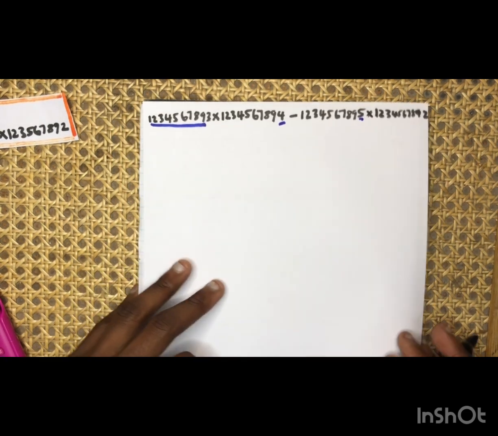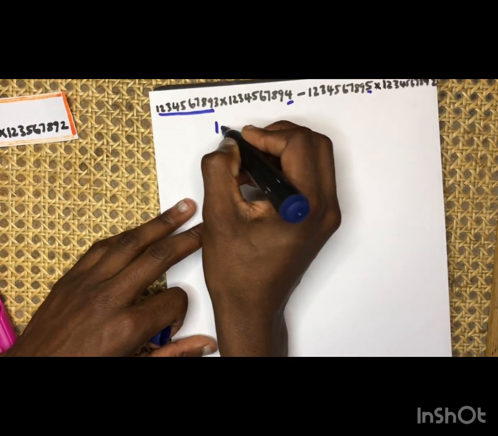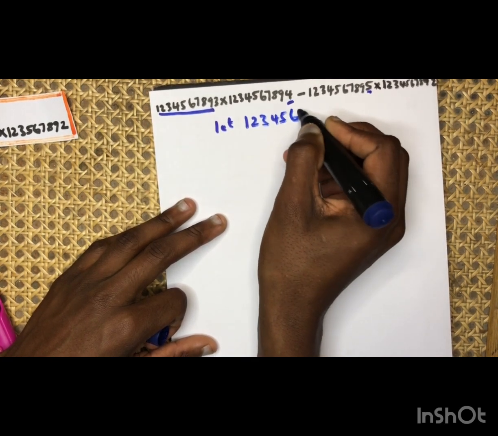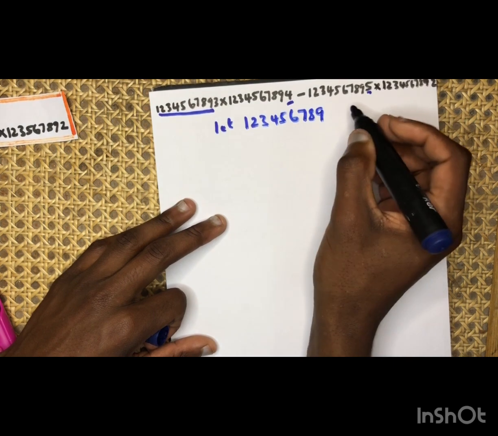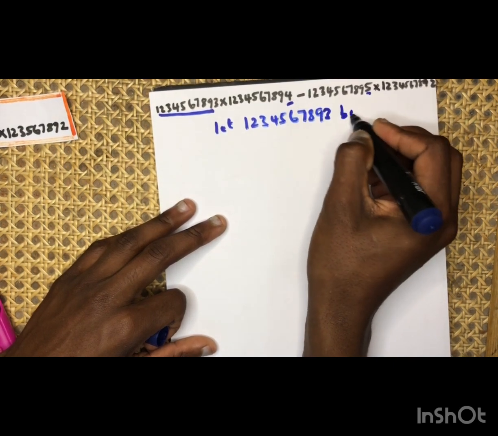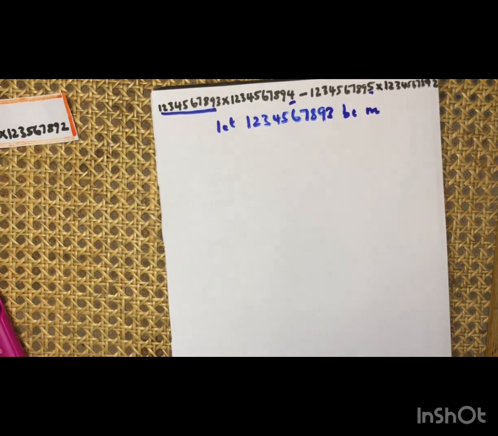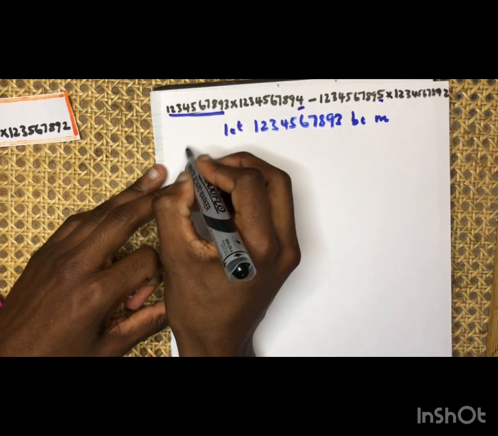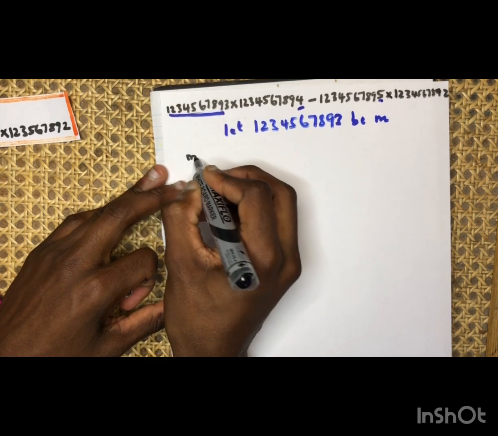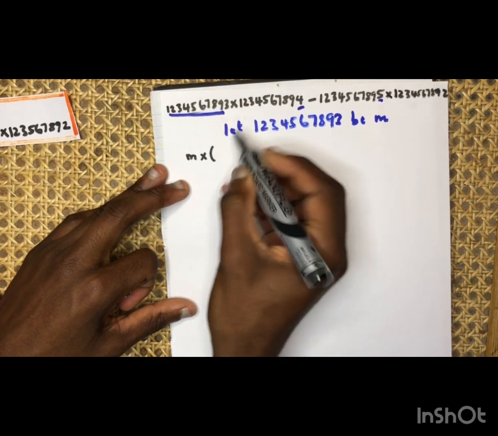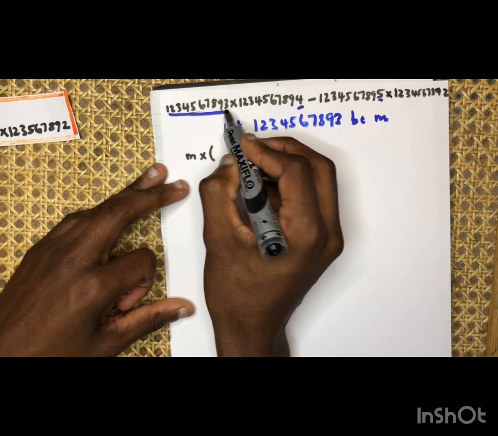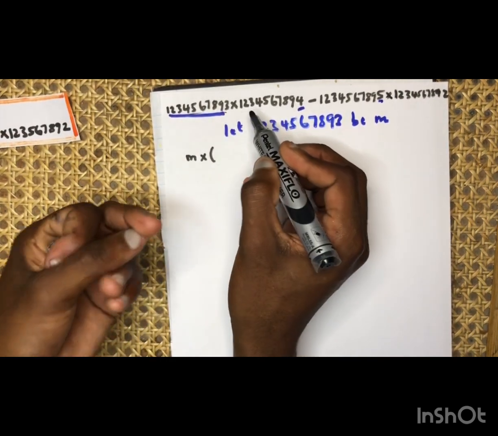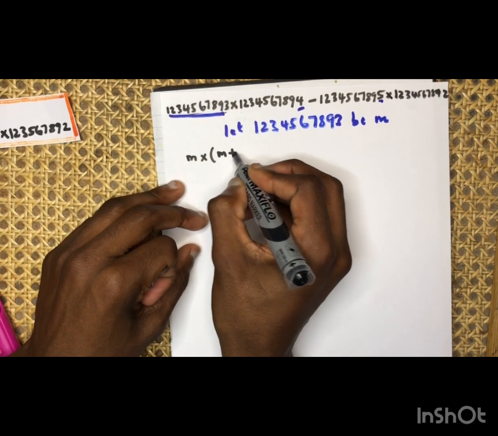Right. So what I'm going to do, I'm going to say let 123456783 be m. Alright, now I know that I have m here. Remember guys, this one now will be m multiplied by, just look at the last digit, 3 is 4, so this number increased by 1, so it's going to be m plus 1.